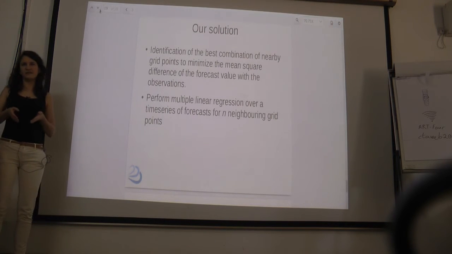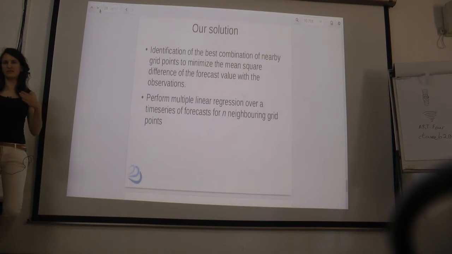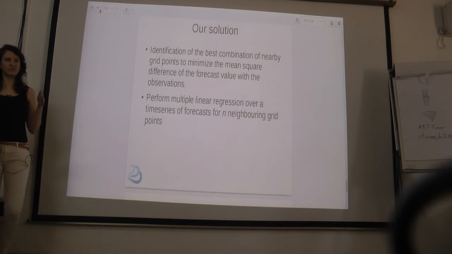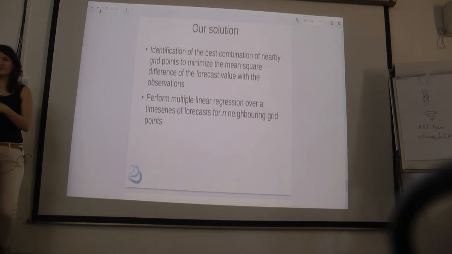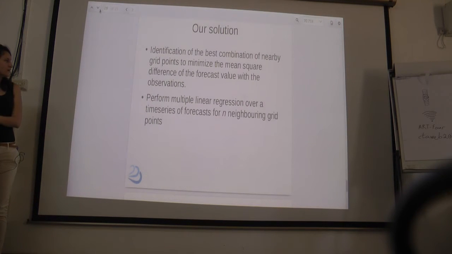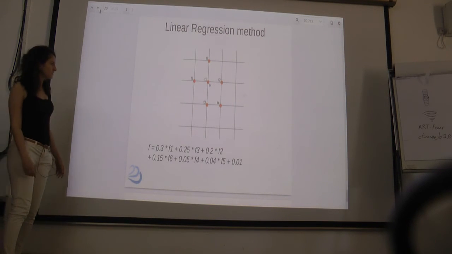So we used our data on observations and our data on historical forecasts to create a multiple linear regression over the observation with the values from the grid forecast, to obtain the optimal set of weights for the neighboring points. This is a little illustration of it.